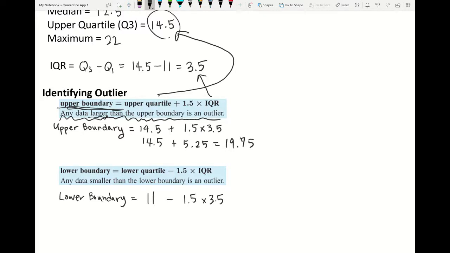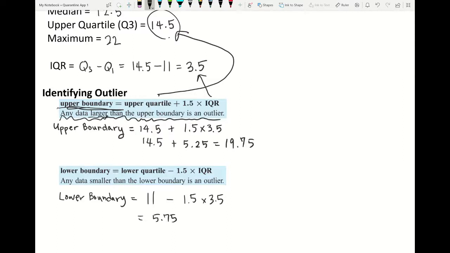So it's going to be 11 minus 5.25, which is 5.75.